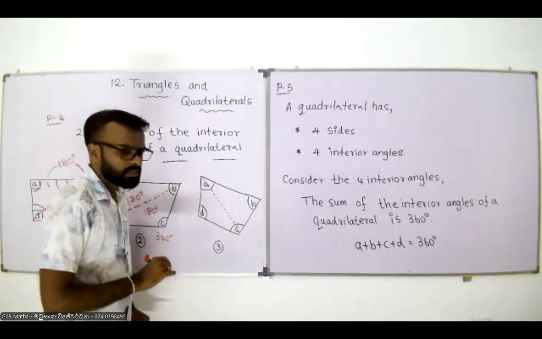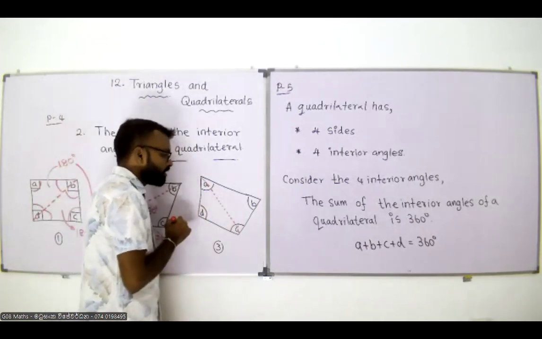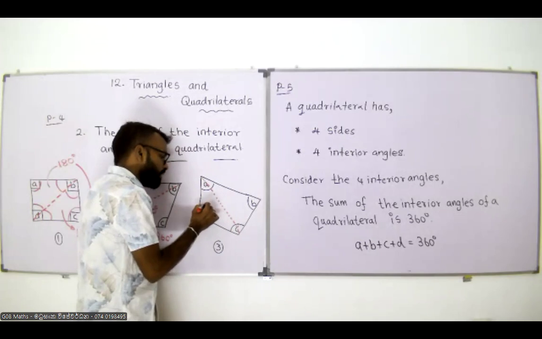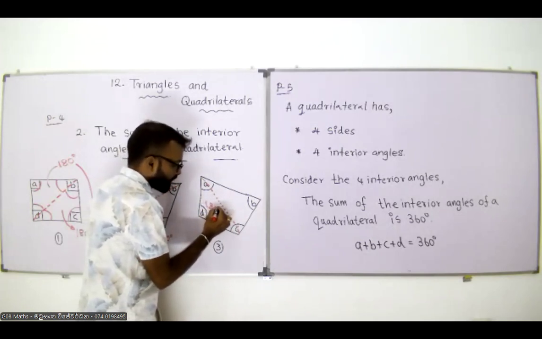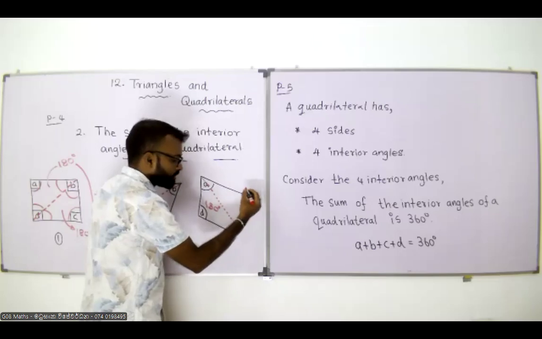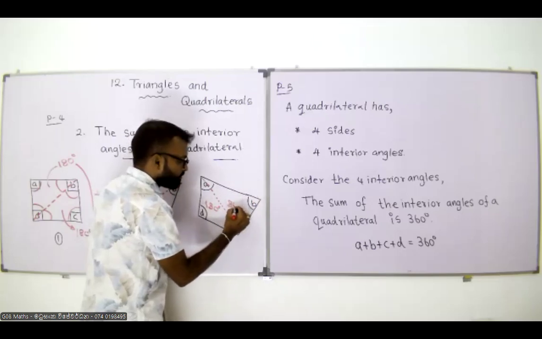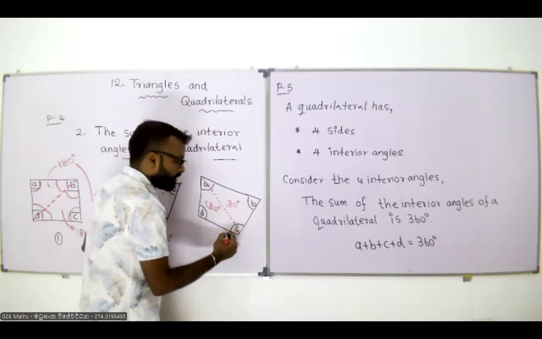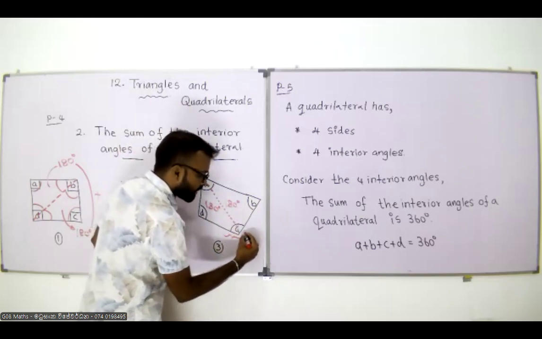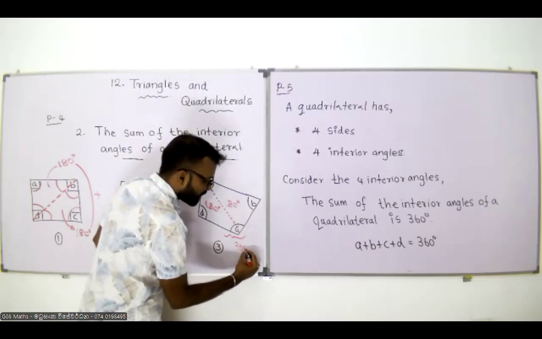And the same thing applies here. If you consider this quadrilateral, from the left-hand side you have a triangle with 180 degrees. If you consider the right triangle, it also gives you 180 degrees. 180 plus 180 totally gives you 360 degrees. No need to write.